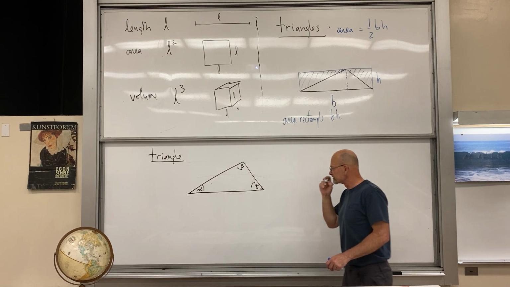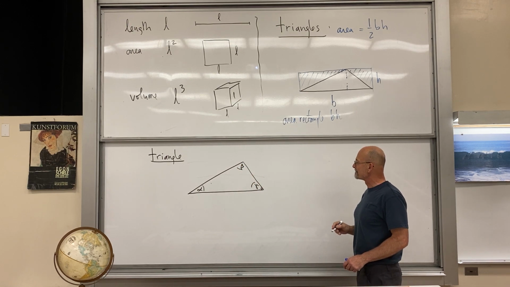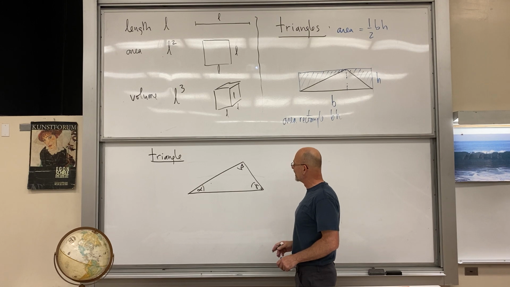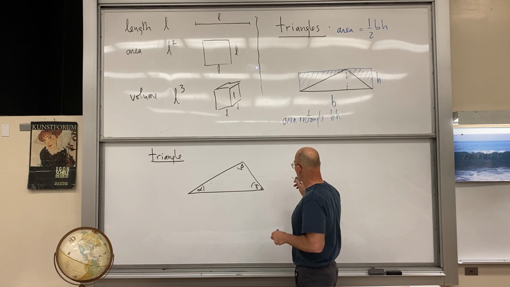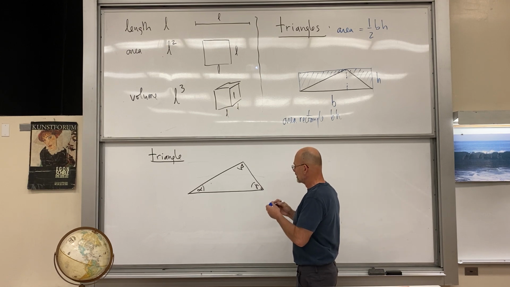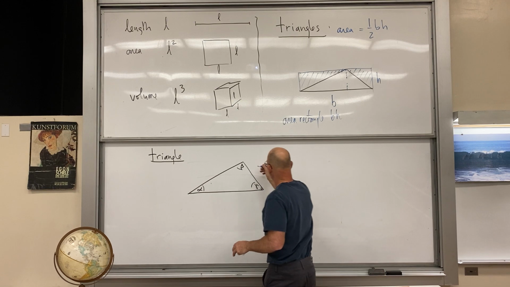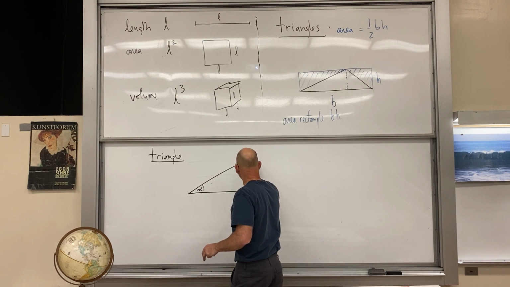Okay. So how about the sum of those angles? Well, the first thing we're going to do is draw, kind of like we did up there, the parallel line to the bottom line.